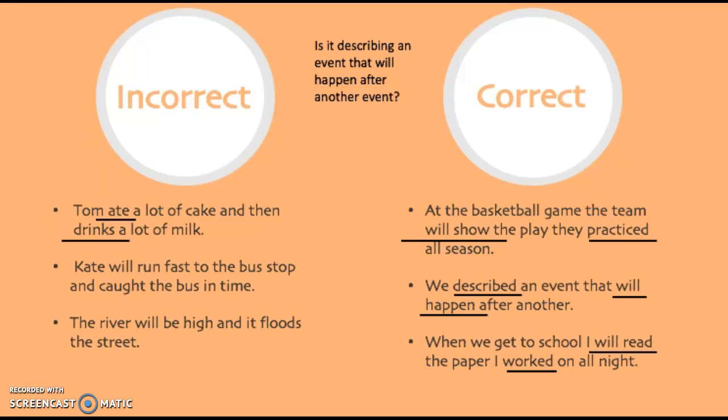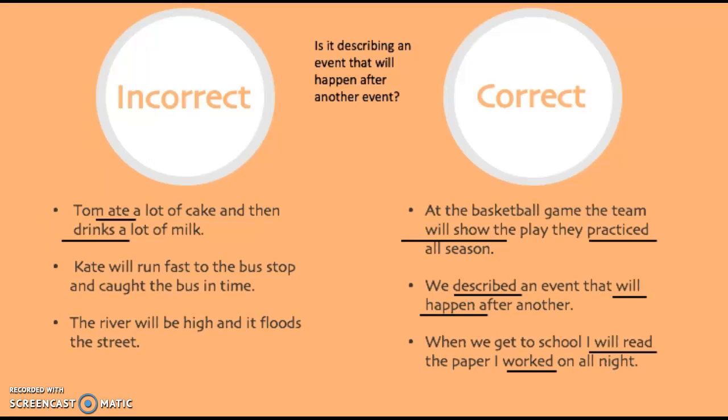So Tom ate a lot of cake. Will anything happen after he eats a lot of cake? Well, no, because it's saying that he then drinks. So this is something that is happening currently. It's not something that will happen. It is something that is happening currently. Therefore, the grammar is not correct, and the use of a shift in the verb tense is not correct either.